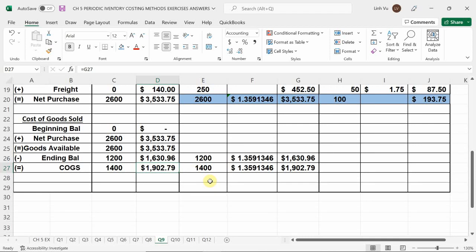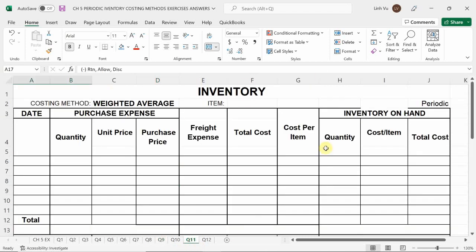In this case, you can just carry the entire amount of 1,200 units at $1.359134, totaling $1,630.96. I can just carry that amount over into my inventory worksheet for question number 11. Okay, so 1,200 units.